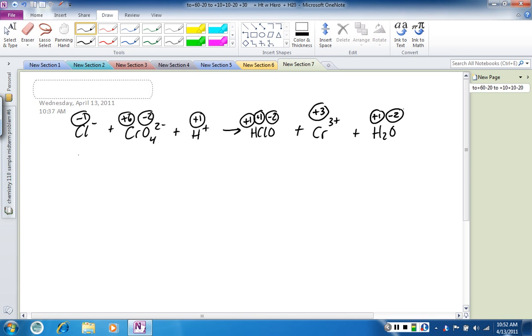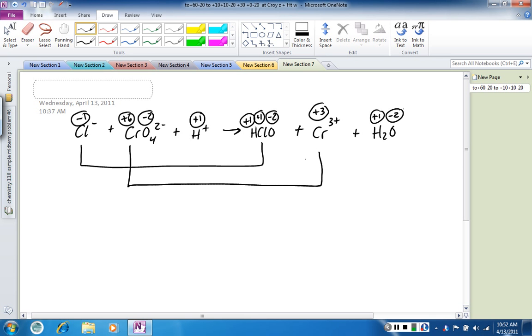Next step is draw our line to see which ones are changing. Cl is going from minus 1 to plus 1. Cr is going from plus 6 to plus 3. From minus 1 to plus 1 for Cl, that's going to lose 2 electrons.